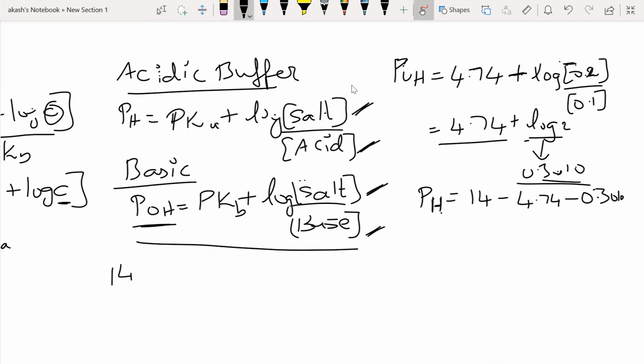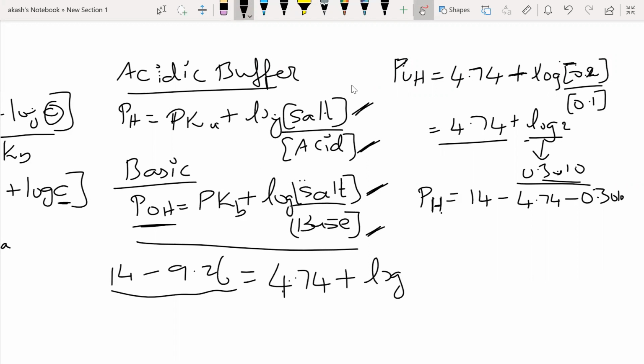So you have to take 14 minus 9.26. Now why 14 minus 9.26? Because they've given the pH value, not the pOH value. So 14 minus 9.26 is equal to pKb, which they have given as 4.74, plus log of, I don't know the salt concentration, but I know the volume. The volume is going to be similar, 500 ml. The total solution's volume is 500 ml.